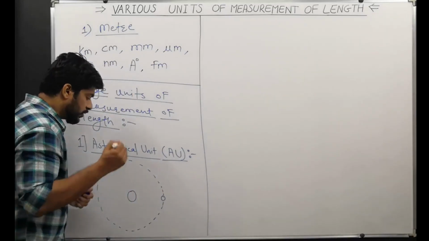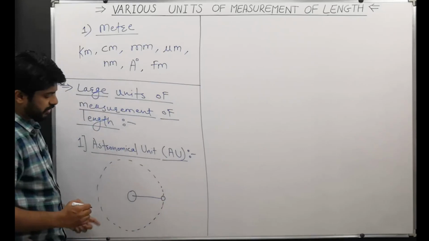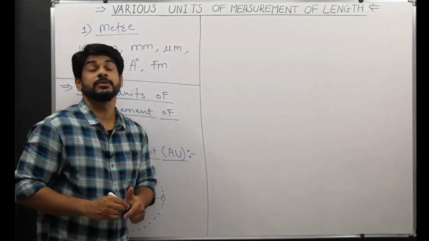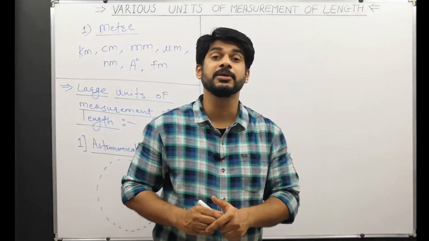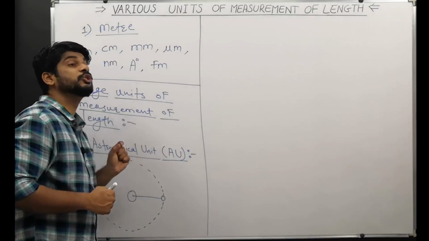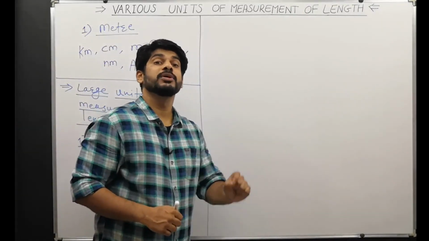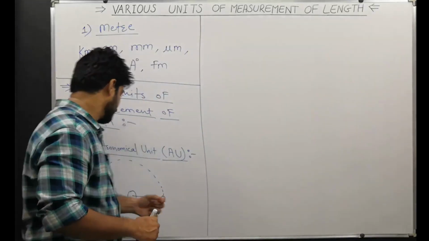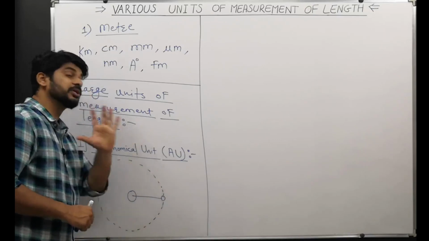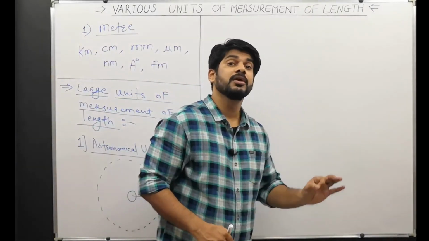So this average distance, the mean distance between the sun and the earth, is called the astronomical unit. What is it? The mean distance between the sun and the earth is called the astronomical unit.